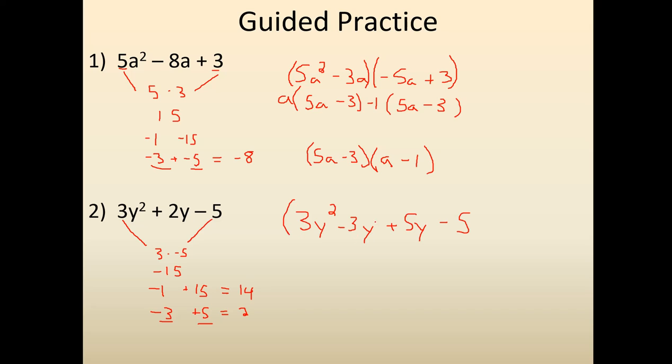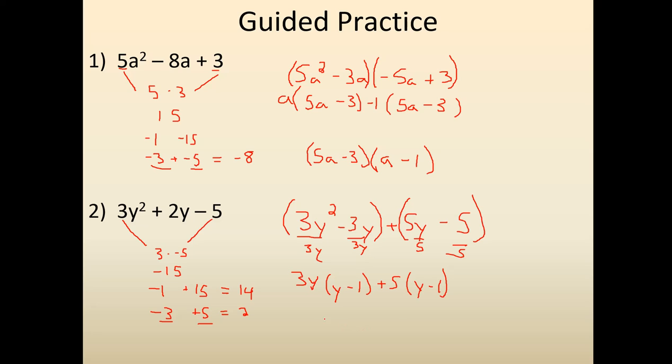I'm going to group my terms, group and group. I can take out a 3y from over here, so I divide both terms by 3y, and I'm left with y minus 1. Over here, I can divide a 5 out from each term, and I end up getting y minus 1.